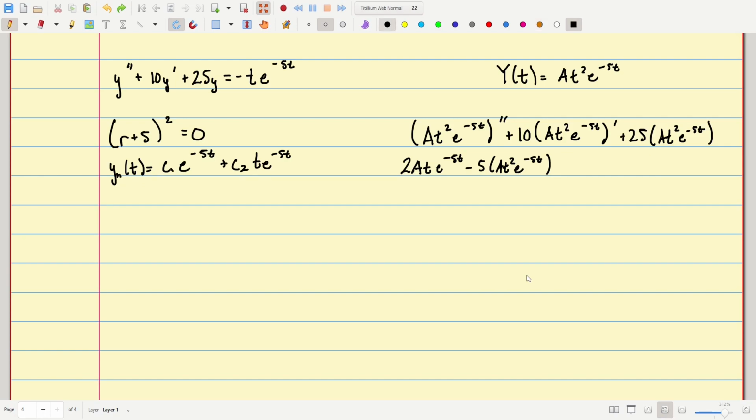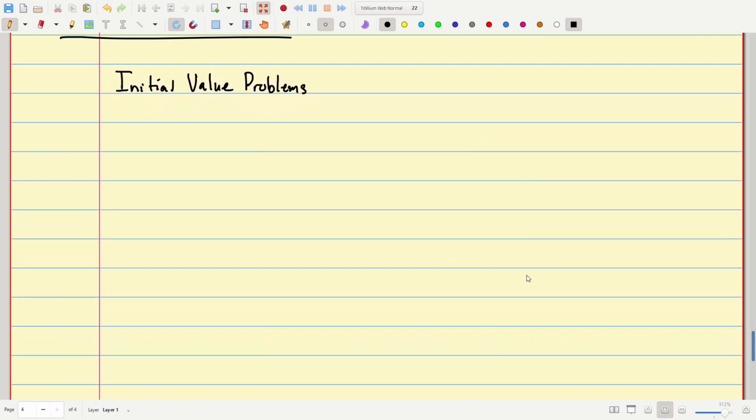So the next element to this are initial value problems. Okay. And initial value problems work the way that you would think that they do. It's just that you can't forget to put in the particular solution as part of your function y.